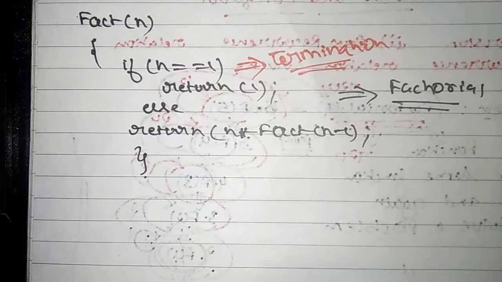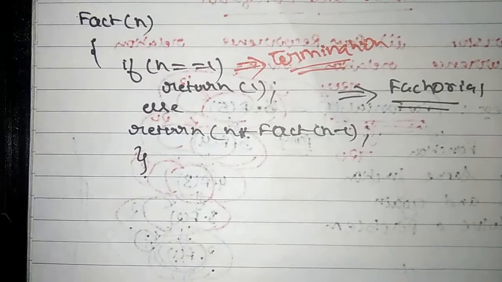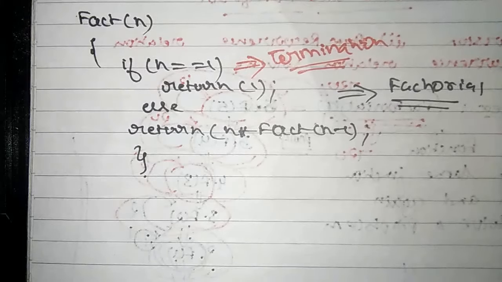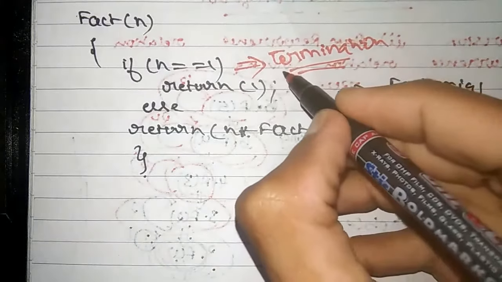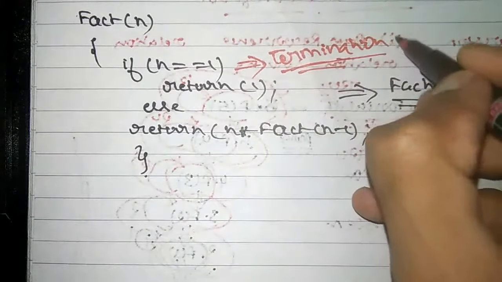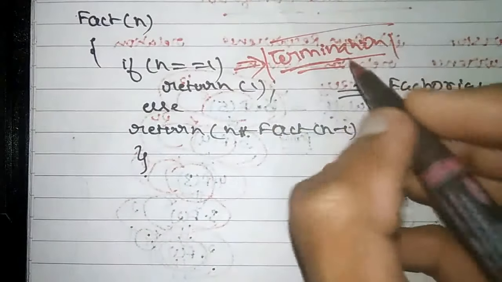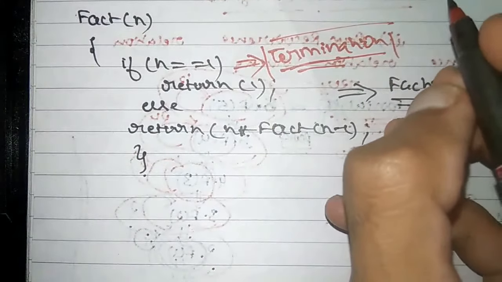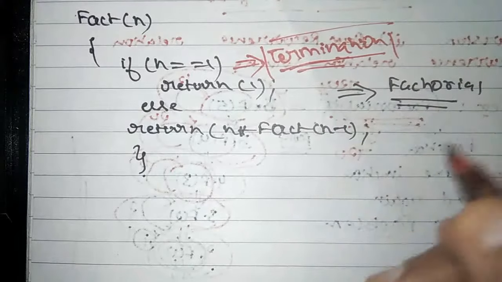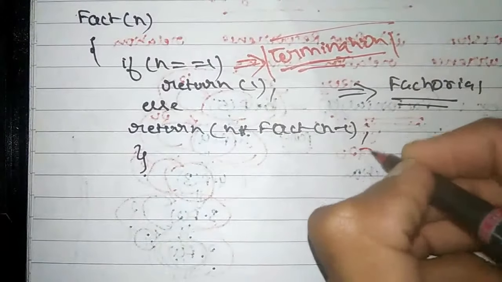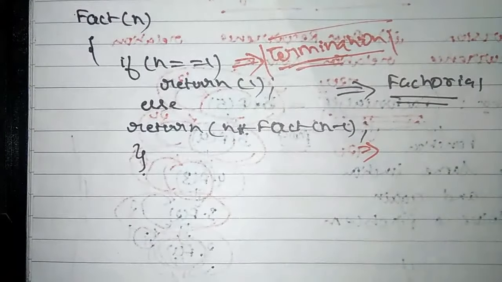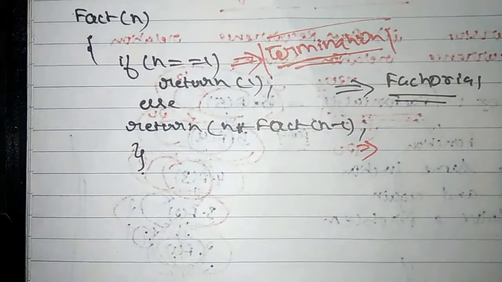Every algorithm should have a termination condition. If it does not have a termination condition, it may go into an infinite loop, right? And similarly, the algorithm should give some output, right?